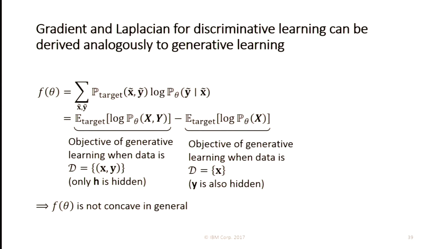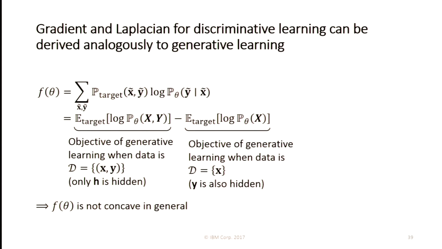We just need to take the gradient of this objective function with respect to our parameter. And it turns out that you have already seen this gradient. So this objective function can be decomposed into two parts. This one and this one. The first term is equivalent to the objective function of generative learning when the data is both x and y.